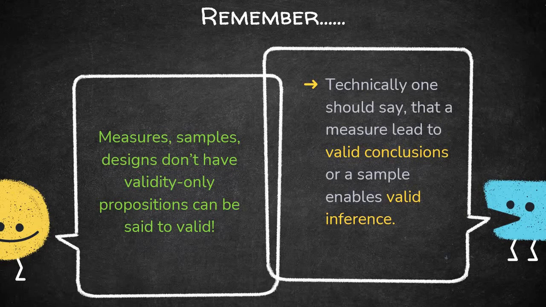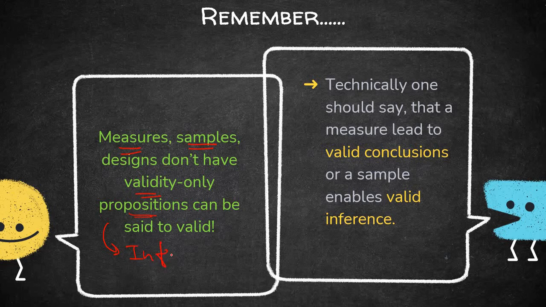You must also remember that measures, samples, and sample designs don't have validity. People very often say this is a valid measure or my sample is valid, but technically they are incorrect. It is incorrect to say that, because measures are measures, sample designs are sample designs. There is no validity attached to them. Validity is only about propositions, that is to say inferences or conclusions.